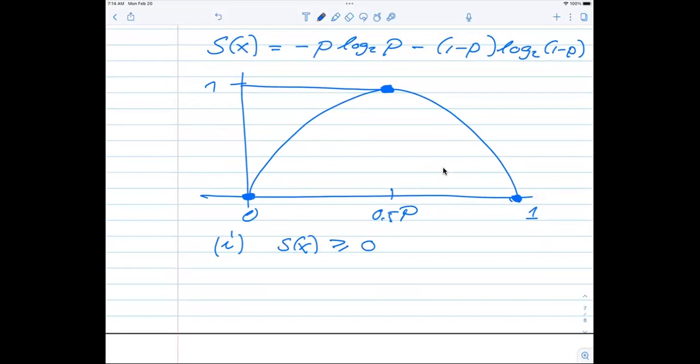Intuitively, that makes sense, because the entropy represents the number of bits we learn upon learning a specific random variable. Hence, the least amount of bits we can learn is 0, since we can never learn a negative amount of bits. And this intuition is supported mathematically by the fact that the entropy is the expected information content, this information content I of x, which we defined earlier, which itself is also a non-negative quantity.